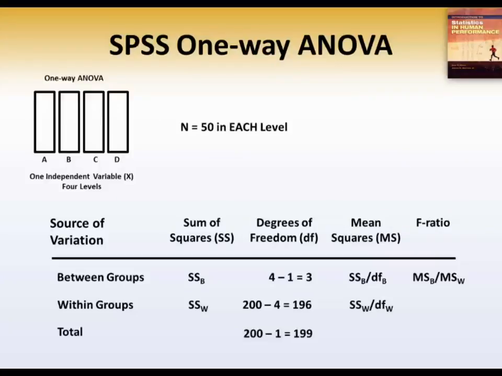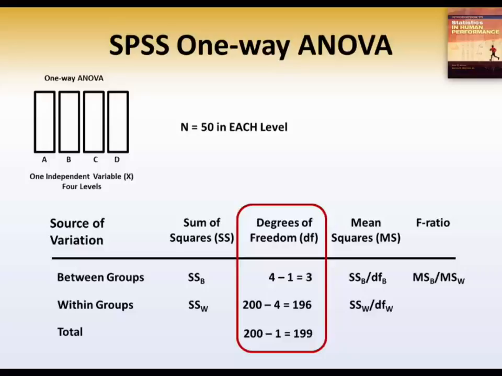Here's the basic setup for our study. We have 4 groups. We have 50 people in each of the groups. Notice the sums of squares are between. Look at the degrees of freedom. How did we calculate them? For between groups, it's the number of groups minus 1, so 4 minus 1 is 3. Within groups, it's the total number of observations minus the number of groups, so that's 200 minus 4, which is 196.